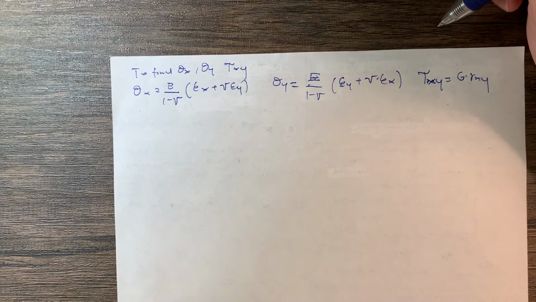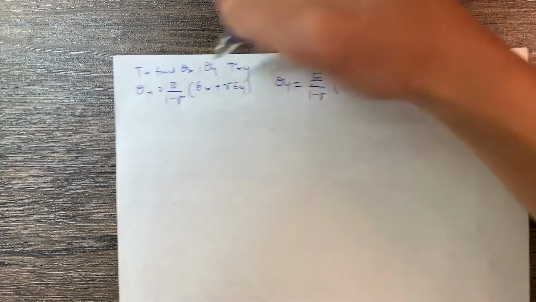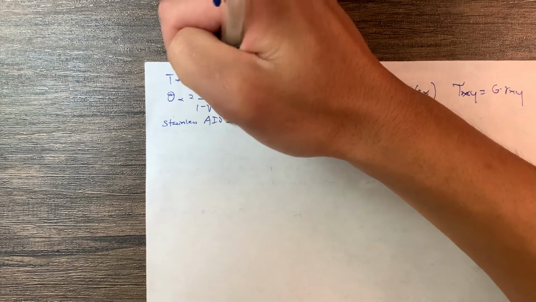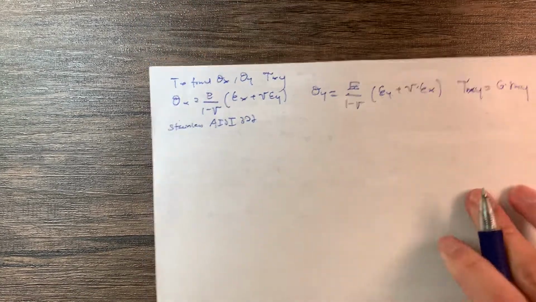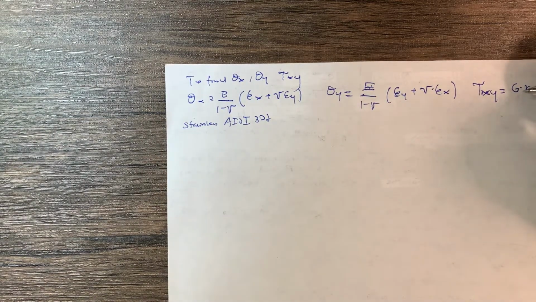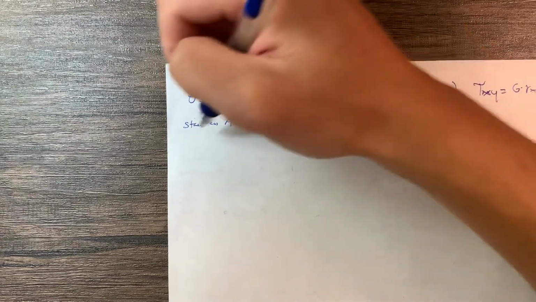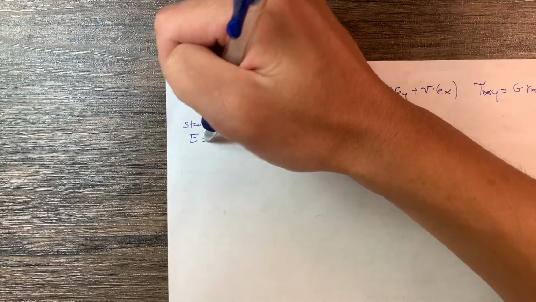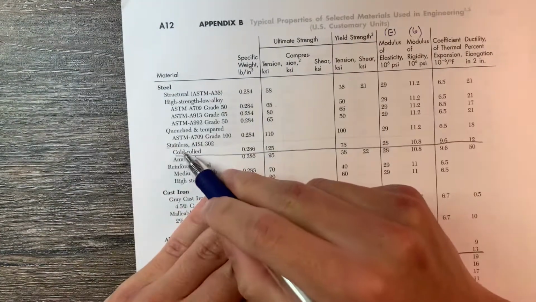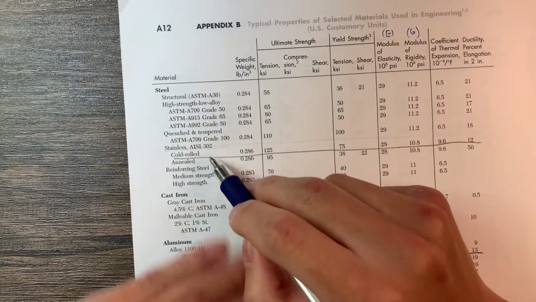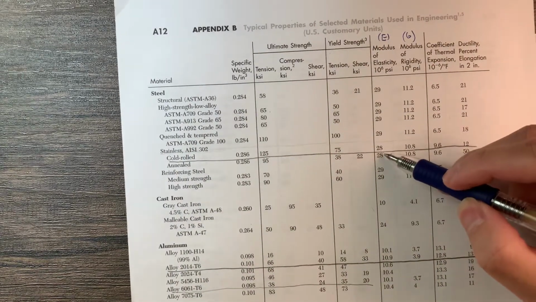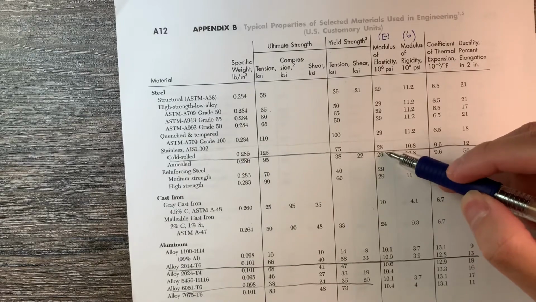Obviously we need to know some constant properties that relate to our stainless steel. The problem gives us stainless steel AISI 302, and we need to find the modulus of rigidity as well as the Young modulus for that specific material. If you look over here, the Young modulus doesn't matter for cold rolled or annealed, it's the same.